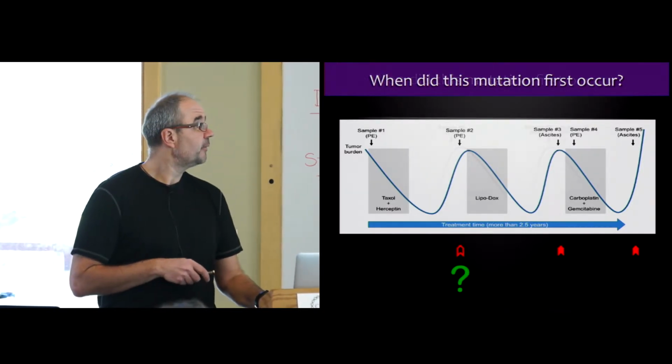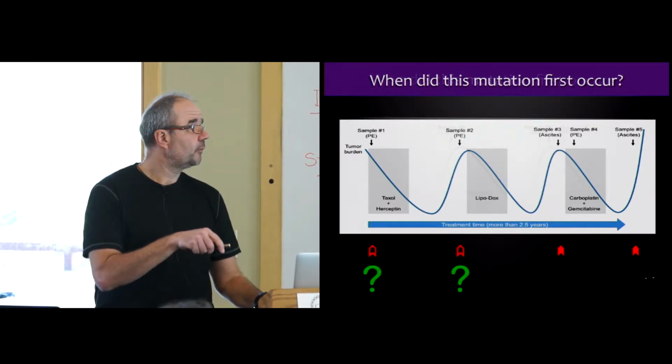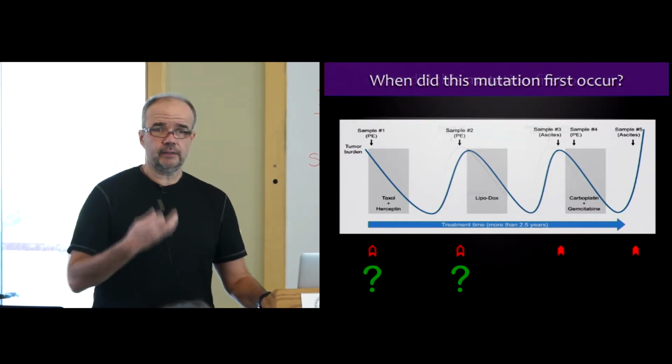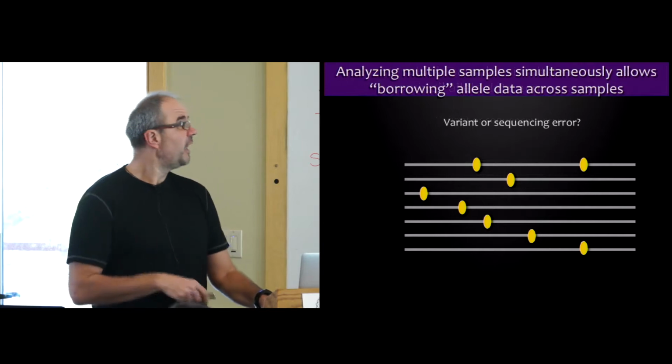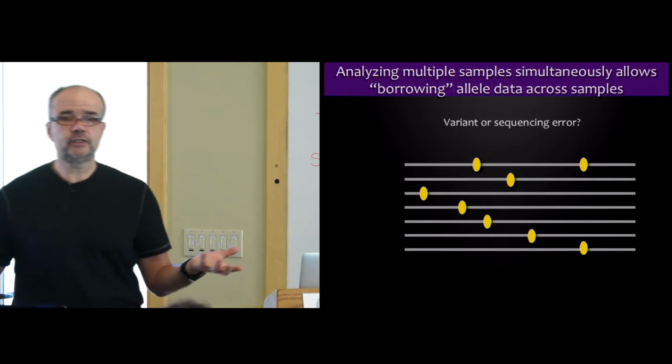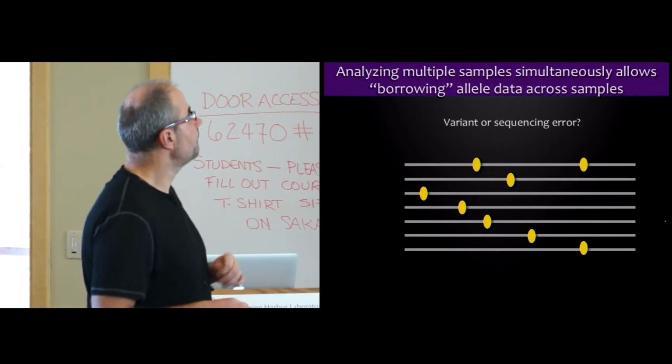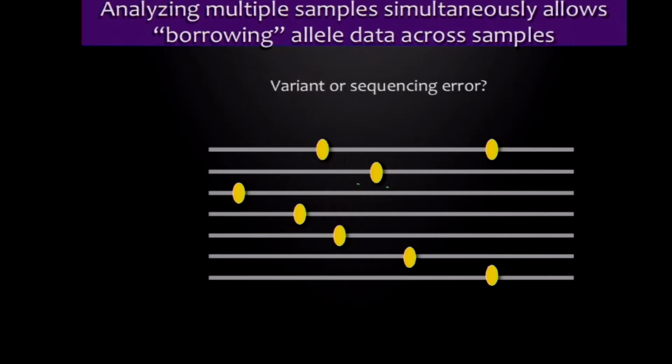So was this present here? Was this present there? I could put a question mark there too. So the technology to help with that is what's called joint calling. What's joint calling? The idea is that instead of looking at just a single time point and calling the variants, I borrow information across different time points.